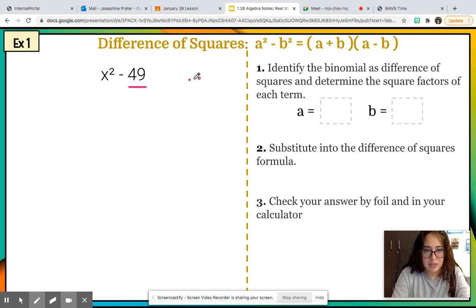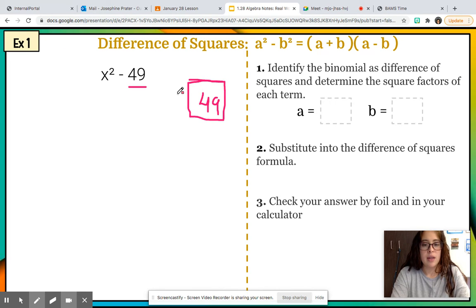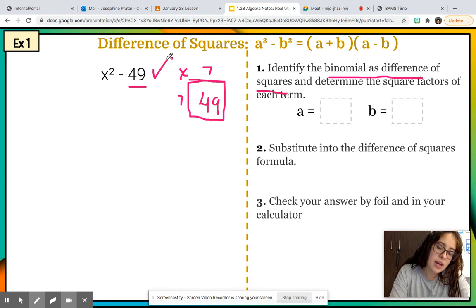Because think of a square with the area of 49 has all sides equal to 7, because 7 times 7 is 49.